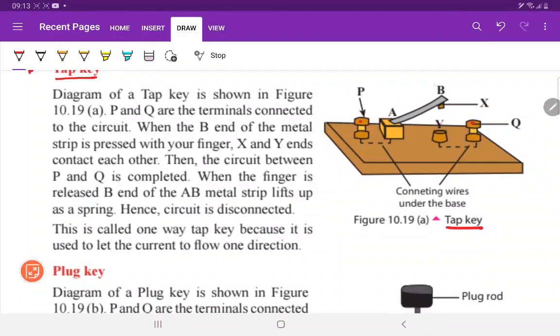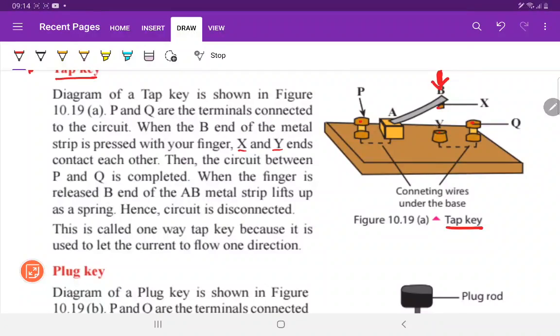Now when you press this with your finger, B, what will happen? The strip AB will be lowered and B will be connected with Y. So when the B end of the metal strip is pressed with your finger, the X and Y ends are connected.